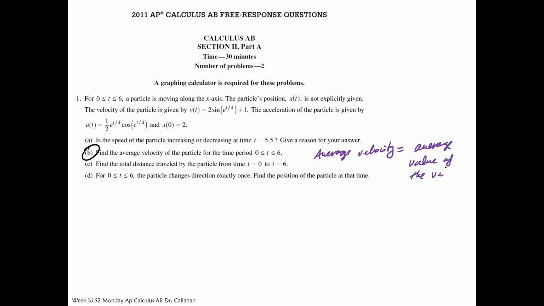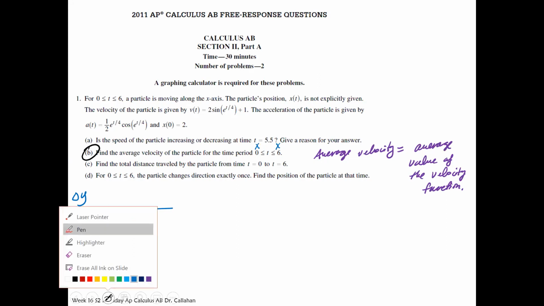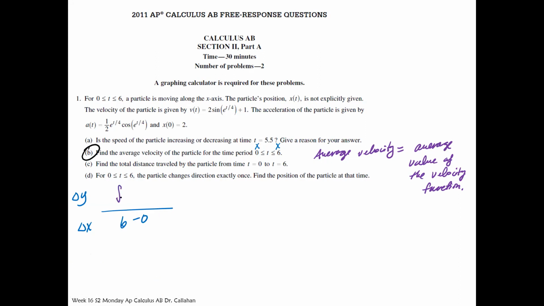In order to do that, remember it's going to be similar to a slope. The bottom is change in x, and your values here are 0 and 6, so 6 minus 0 on the bottom. But then on the top, you're going to do the integration between 0 to 6 for the velocity.